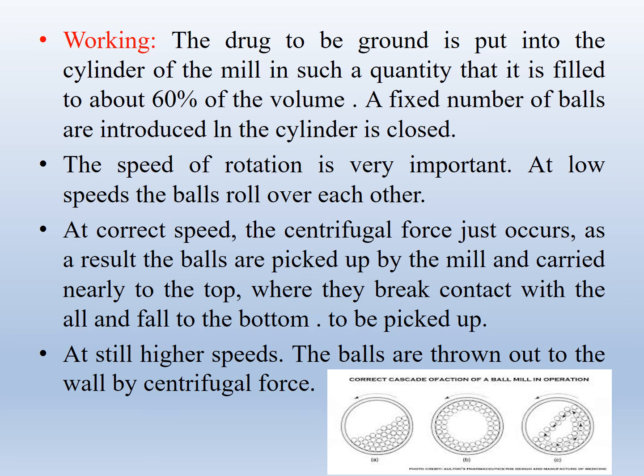This is the correct speed of movement of the ball mill. The balls move to the top height, along the diameter, and fall along the diameter, and size reduction takes place. At a still higher speed, the balls are thrown out to the wall by centrifugal force.